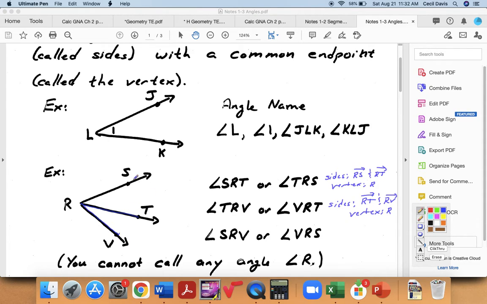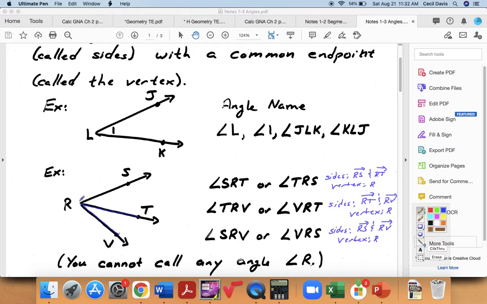There's also the big angle in this that has the two smaller angles inside of it. The sides for that angle would be ray RS and ray RV, and the vertex is R. So we'll start on one side.